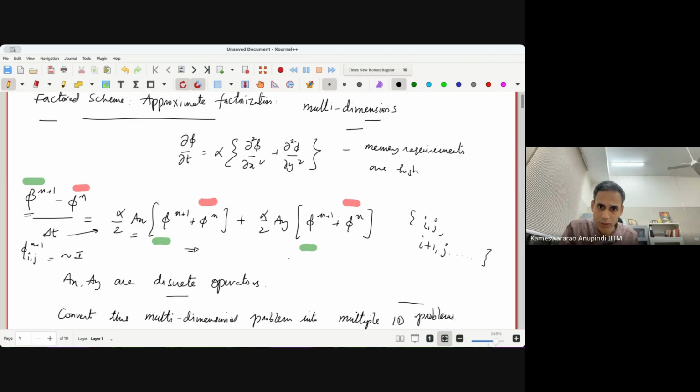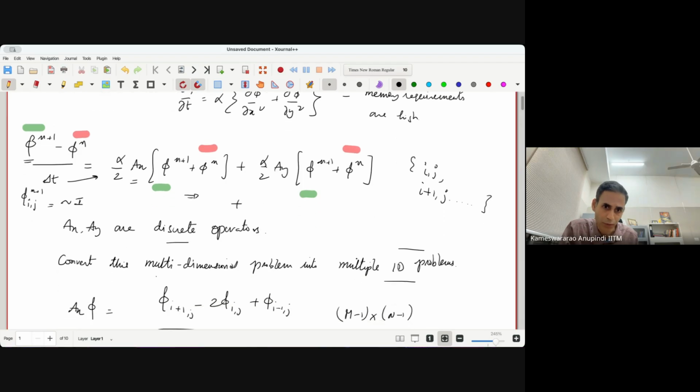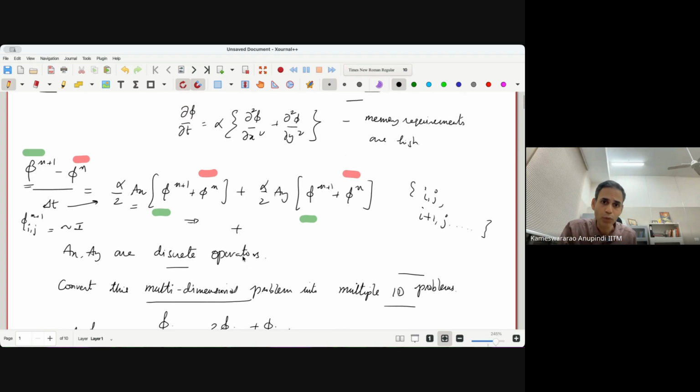I think it is also important to carry the truncation error, because when we make this transformation, converting a multi-dimensional problem into multiple one-dimensional problems, we don't want to incur larger truncation error than what is already there.